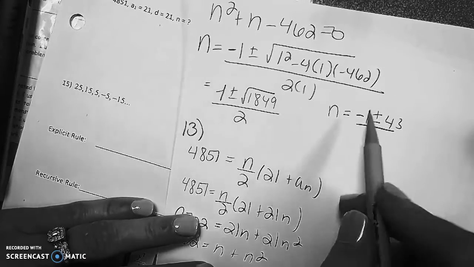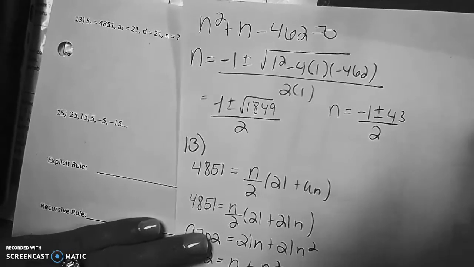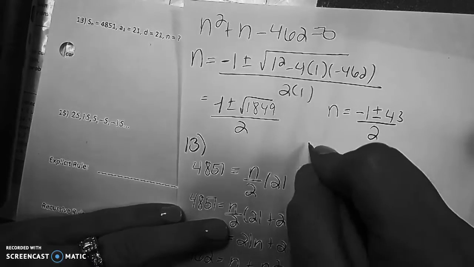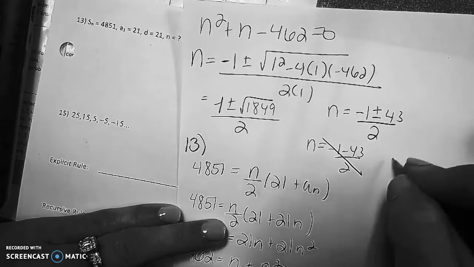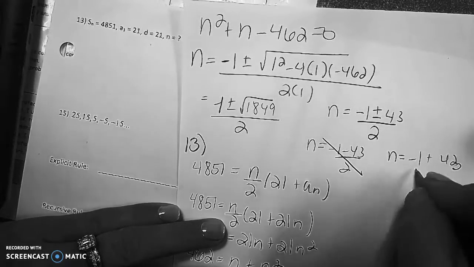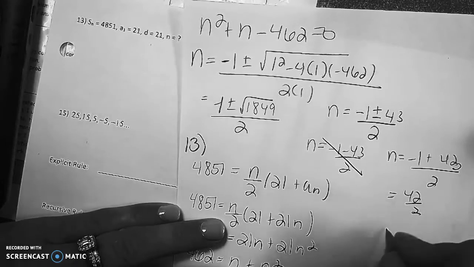I know that negative 1 minus 43 cannot be an answer because that would give me a negative n value, and here n is the number of terms. So negative 1 minus 43 would not apply. So I will have negative 1 plus 43 over 2, which would be 42 over 2, which is 21.